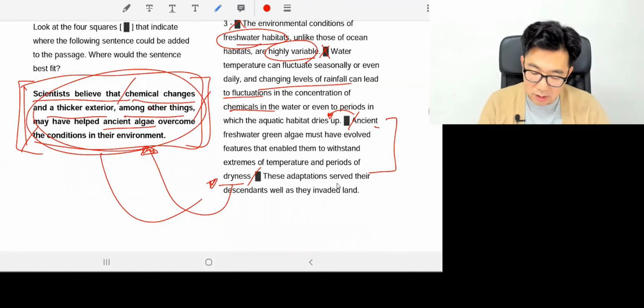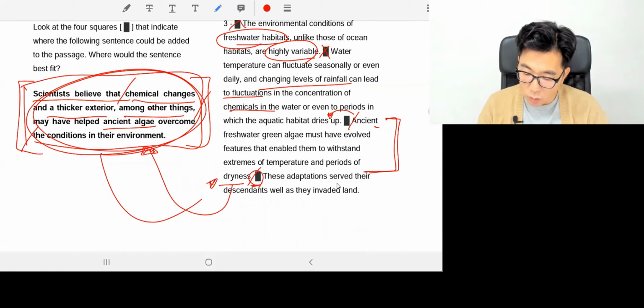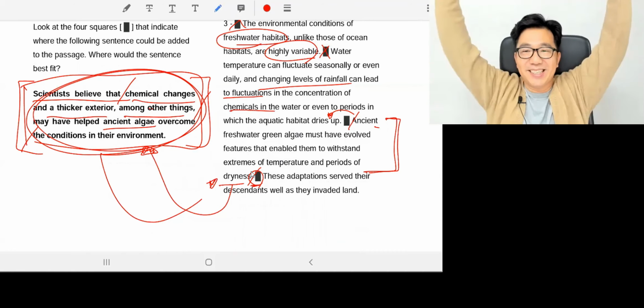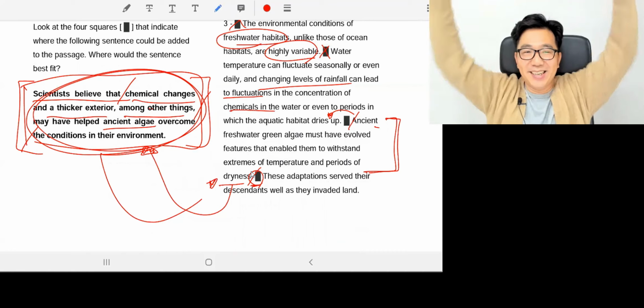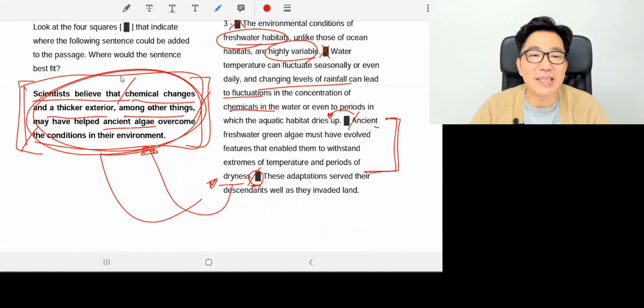Okay, if this sentence supports that sentence, then it should be the last square. So let's read this sentence after the third. Ancient freshwater green algae must have evolved features that enable them to withstand extreme temperature and periods of dryness. And it explains in more detail what kind of features they evolved.